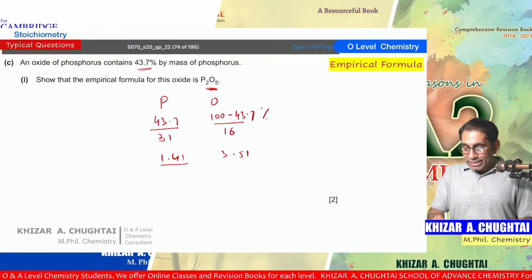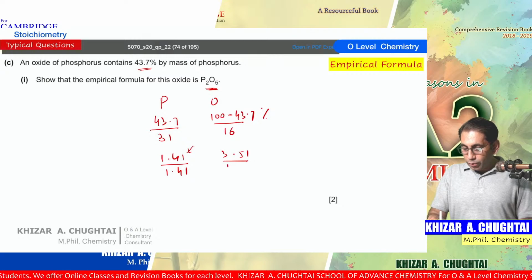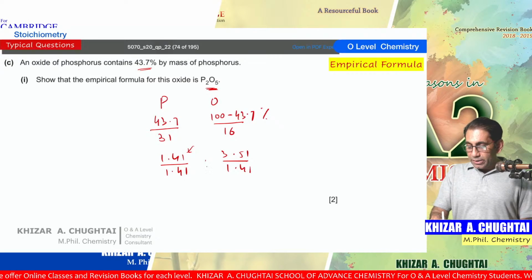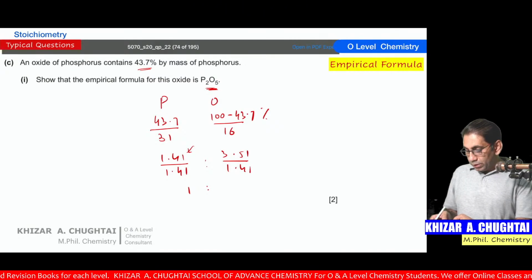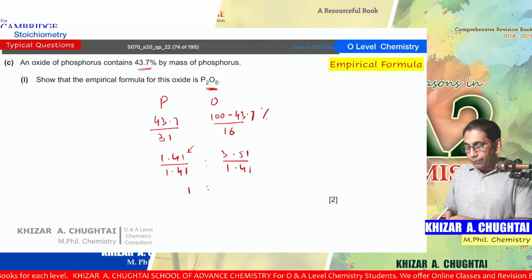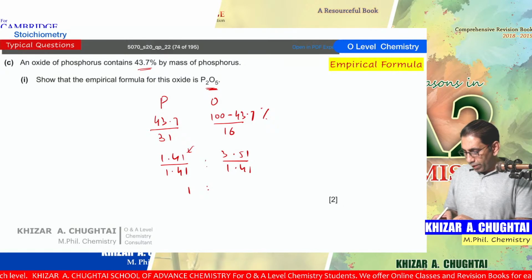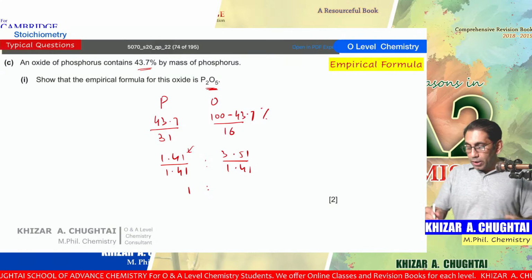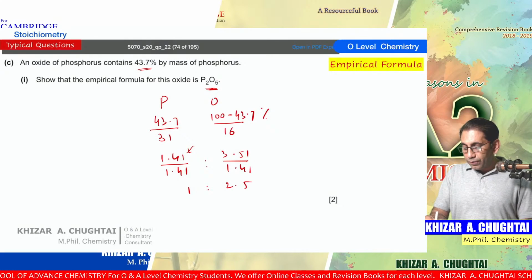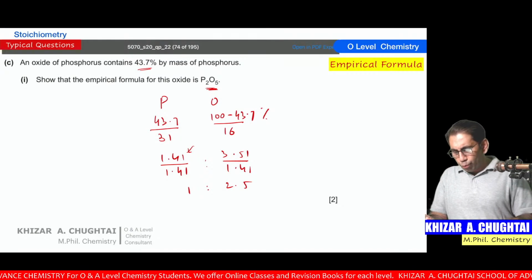So the smallest answer is 1.41, and it will be divided on both sides. In this case, its answer is equal to 1, and 3.51 divided by 1.41 gives 2.5, I mean 2.4 or 2.5.